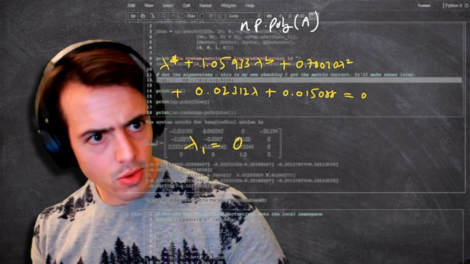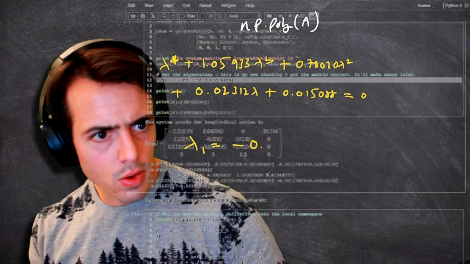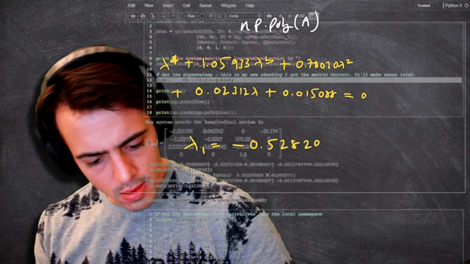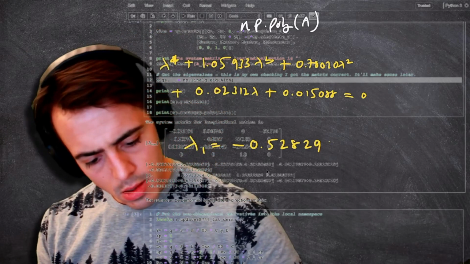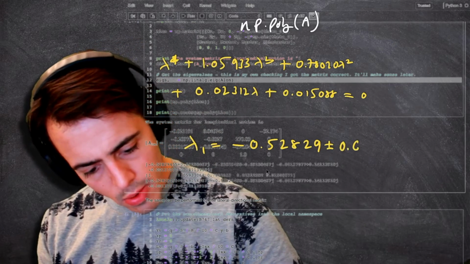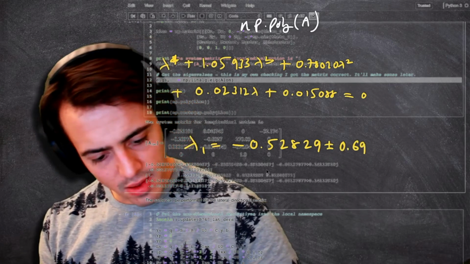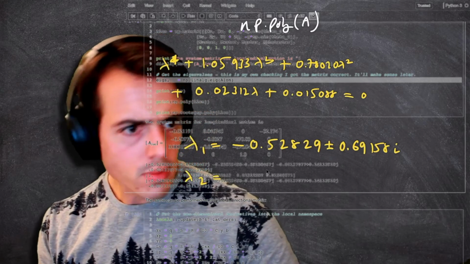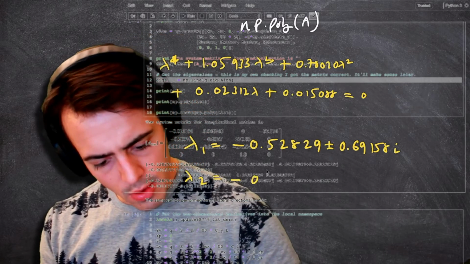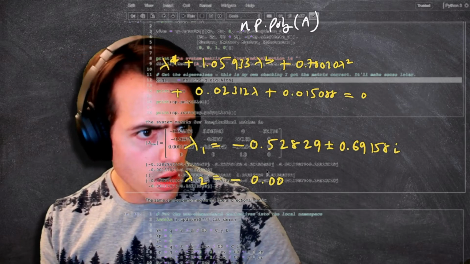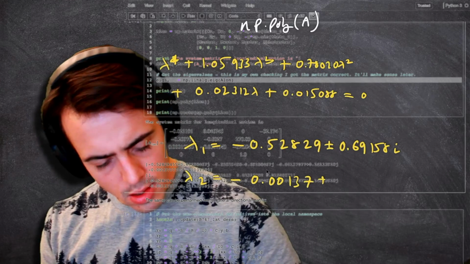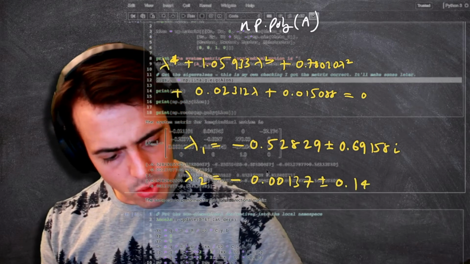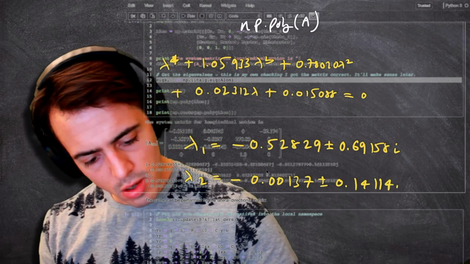So lambda 1 is equal to minus 0.52829 plus or minus 0.69158i, and then lambda 2 is equal to minus 0.00137 plus or minus 0.14114i.